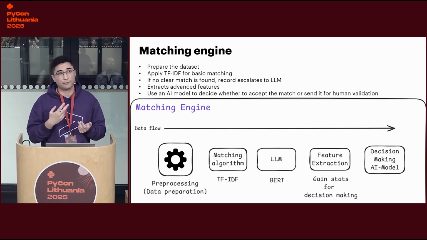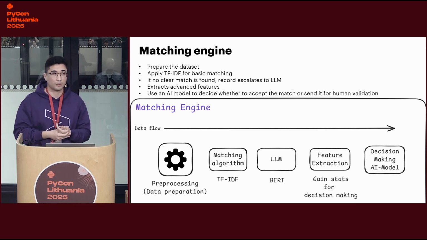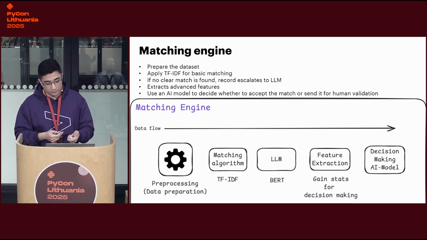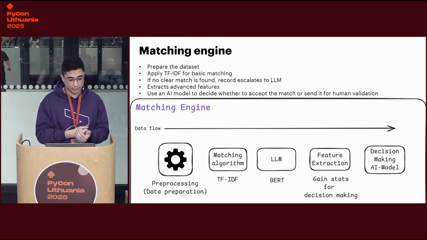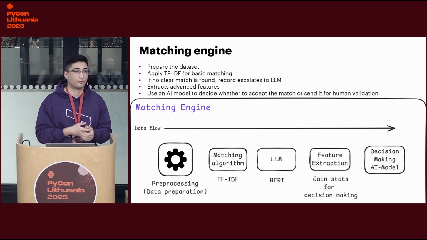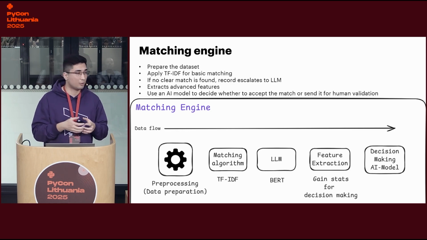If we have hard cases where we need context, so the confidence score of the matching algorithm is low, we move them to the LLM to work with that. Then we use feature extraction, because only the opinions of the matching algorithm and the LLM are not enough.